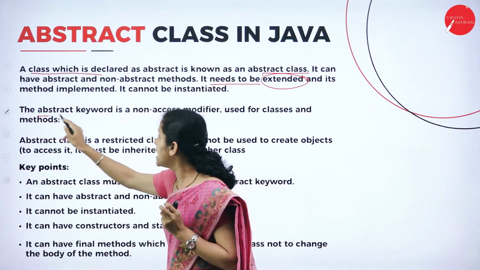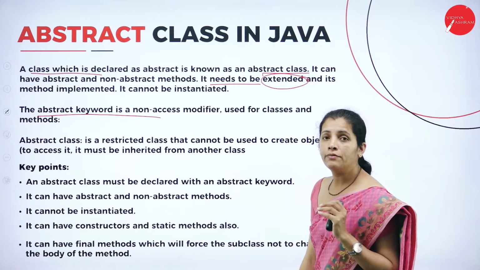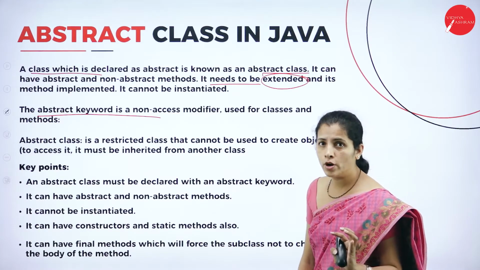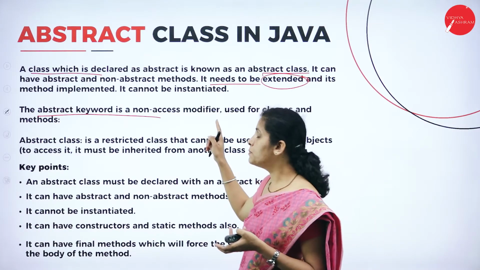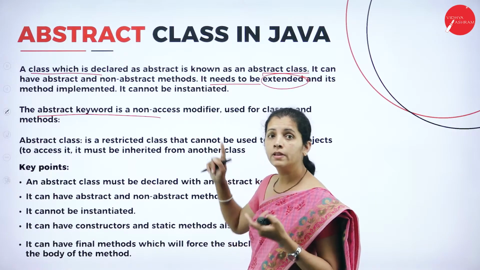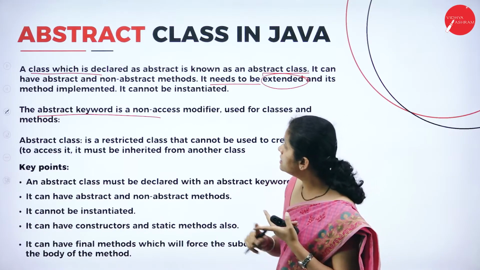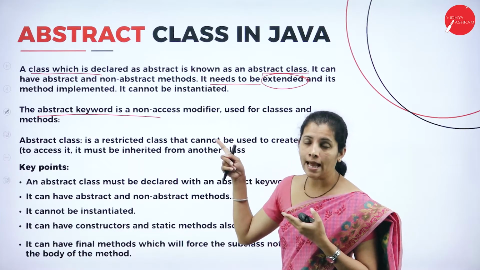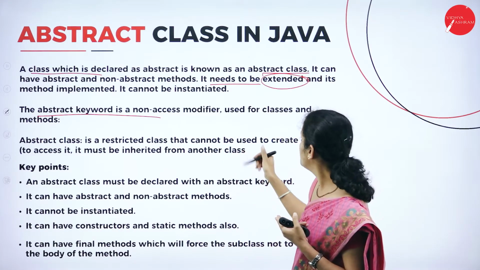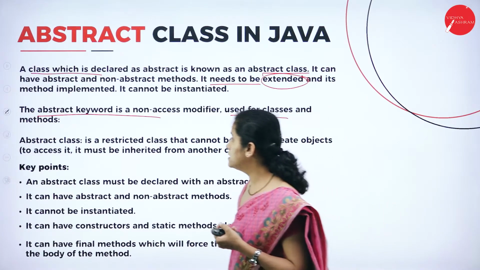The abstract keyword is a non-access modifier. Examples of access modifiers are public and protected. And if I consider non-access modifiers, then they are abstract, static, etc. It is used for classes as well as methods.